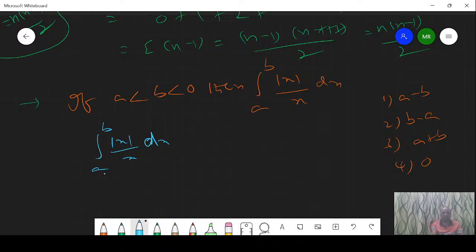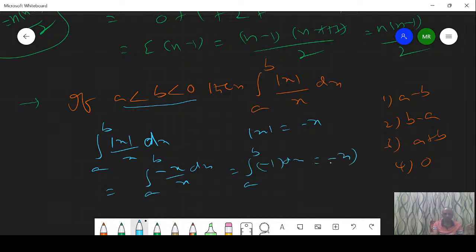Since a less than b less than 0, mod x will become minus x, right? Then I can write the integral from a to b of minus x by x dx. Again, this is minus x by x, it comes the integral from a to b of minus 1 dx.